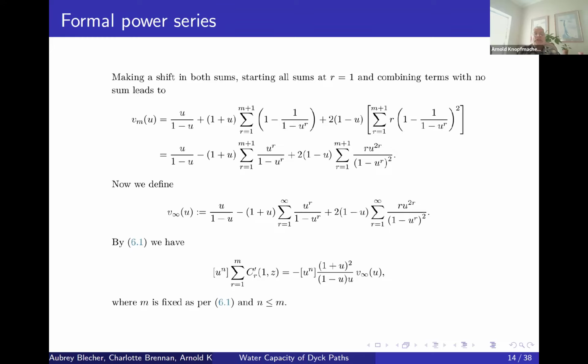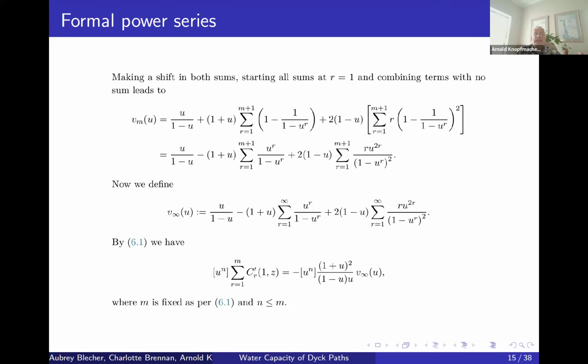The V infinity function is just multiplied by a fairly simple rational function at the bottom of the page to give the full derivative that we've been looking for. So the good news is this will give us our function in terms of u.